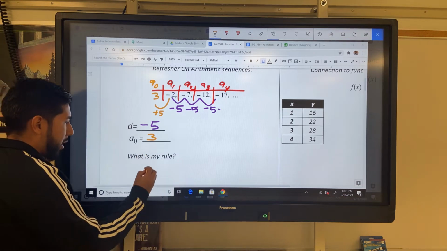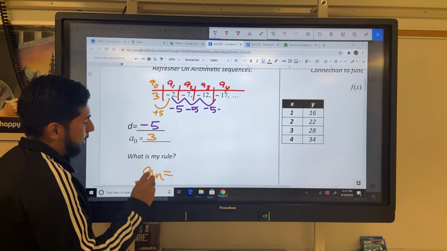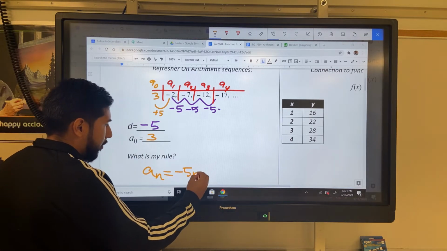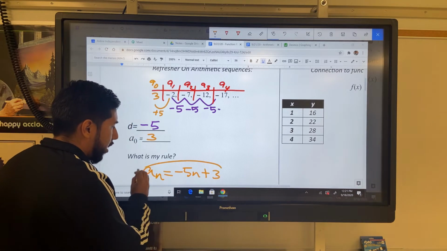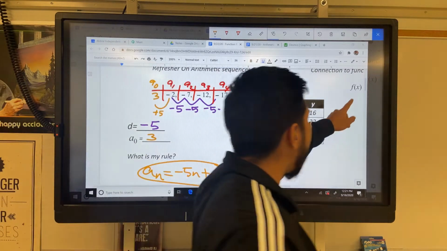What is my rule? We got A of n equals -5n plus 3. So how is that similar to this function rule, f of x?